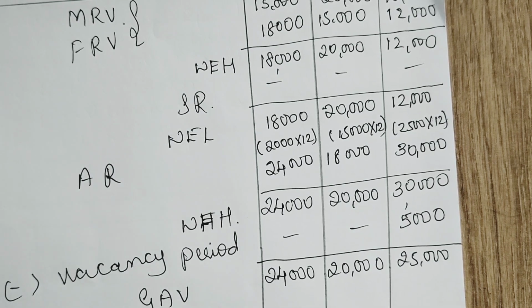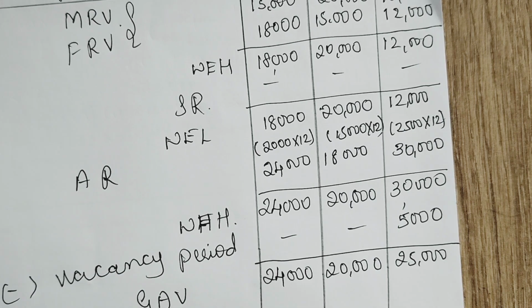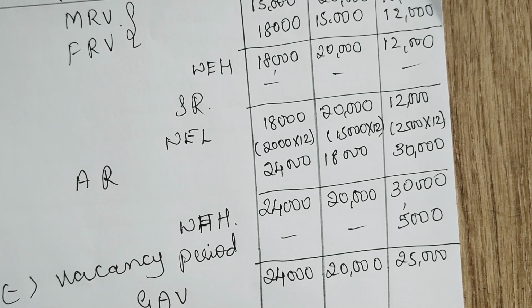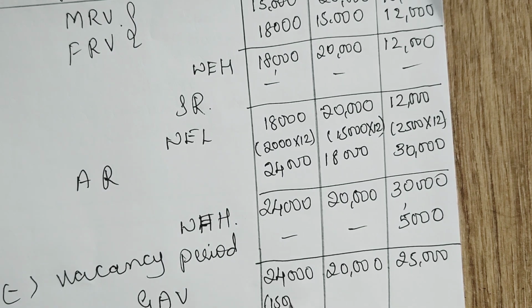Now less municipal tax. Municipal tax only for house A, it is paid by whom? Municipal tax is 10% of municipal valuation. For house A it was paid. On municipal valuation of 15,000, you have to calculate 10%.